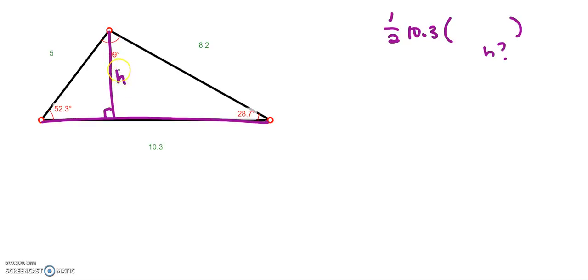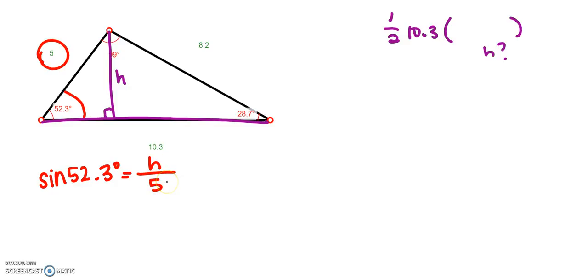If I think about wanting to find this height h, the altitude of my triangle, I'll notice that I have an angle here of 52.3, and I have a hypotenuse, because it's across from the right angle, of 5. So I could say that the sine of 52.3 degrees is equal to the opposite, which is h, over the hypotenuse, which is 5.